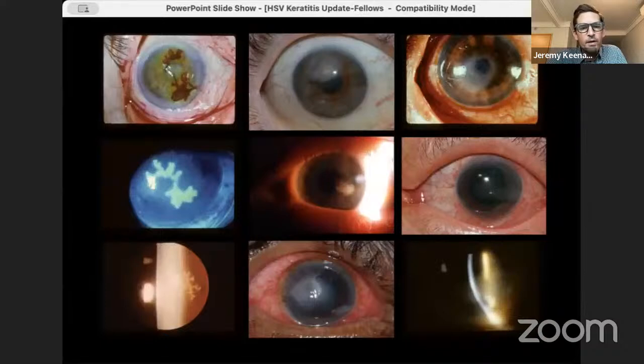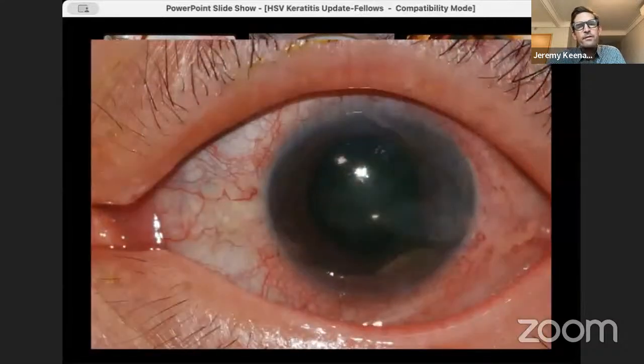All right, and then what about endotheliitis? So endotheliitis is just as it sounds. It's infection of the corneal endothelium with herpes simplex virus. And the key findings are keratic precipitates. These are often centrally located, and then you get an overlying area of corneal edema.